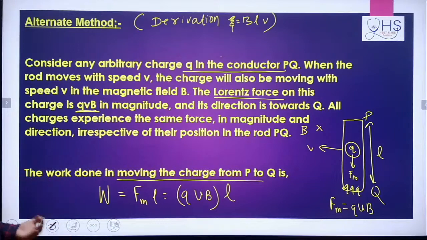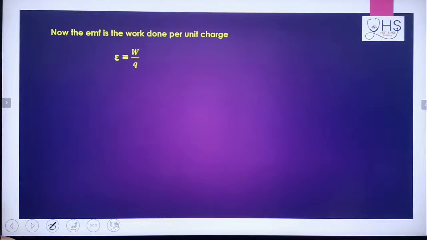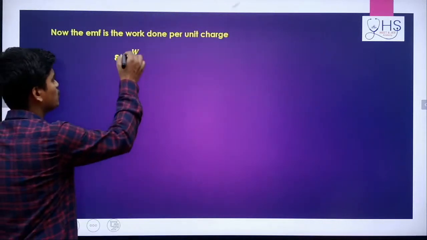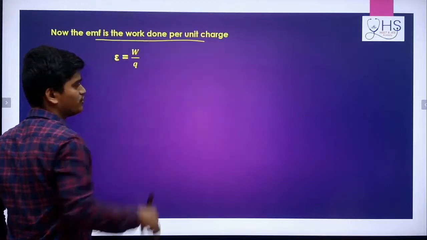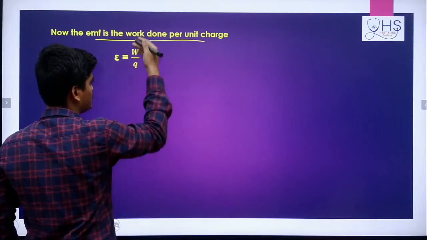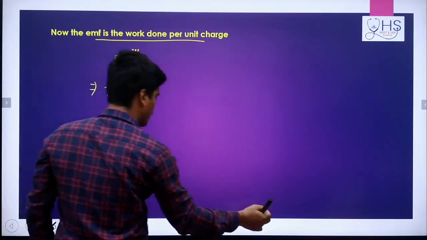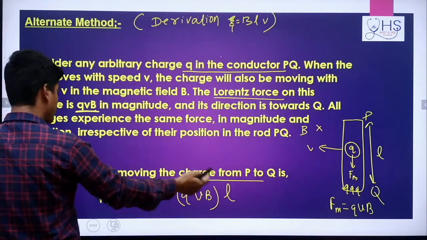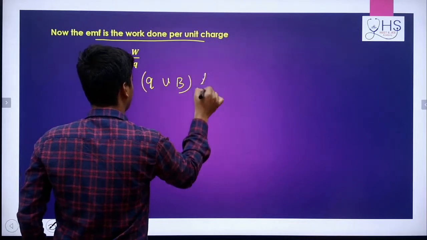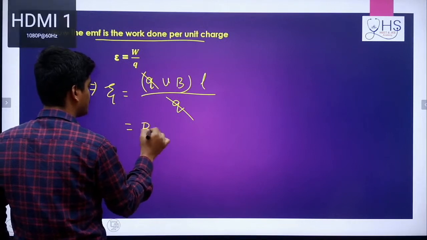Now from here we want to find the EMF. So what can you do? EMF is basically work done per unit charge, because it is a potential, energy per unit charge. So your EMF will be whatever work you got, QVBL divided by Q. Now this Q gets cancelled, and you get BLV.